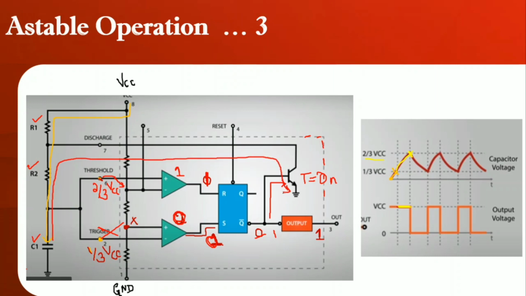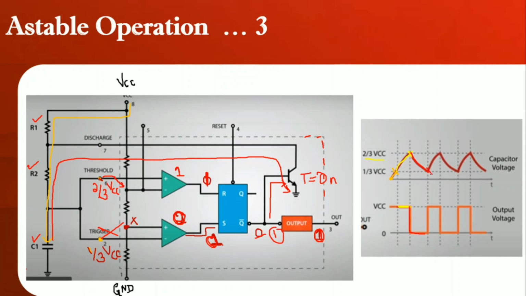The capacitor will have a path to discharge here, and the output is the complement of this one, so it will be equal to 0. Therefore, the output will fall to 0. Until your capacitor discharges to 1 by 3rd of VCC, you will have the same 0 state.